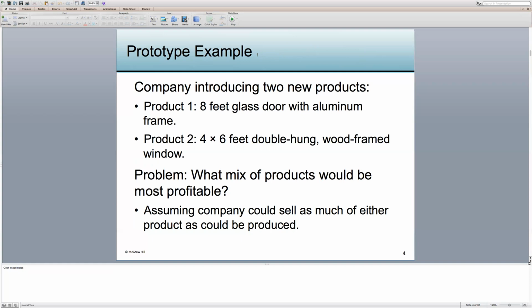And the question will be, what mix of products, given whatever constraints we have, which are the times available for producing the product in the 3 different factories, how do you allocate the time in those factories? That's your resource. To produce a mix of products that generates the biggest profit.